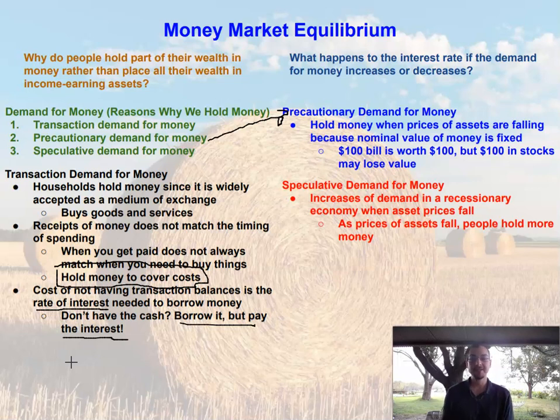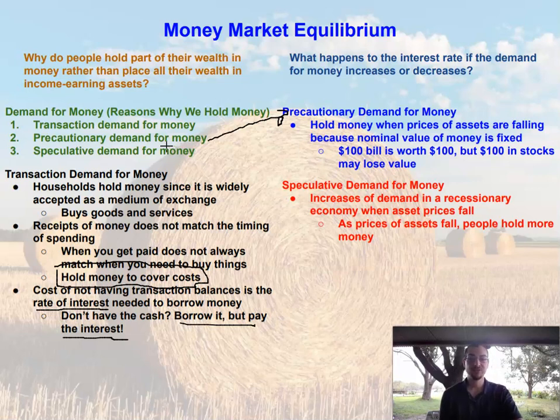So you buy this animal with the hopes that the value stays the same or increases, but it could lose value. If you're worried about that asset losing value, then you might decide, well, instead of investing in that, I'm just going to hold cash because I know my cash isn't going to lose that nominal value.